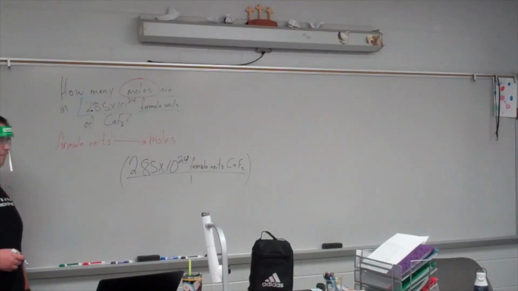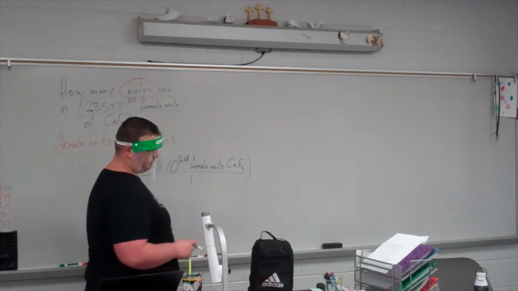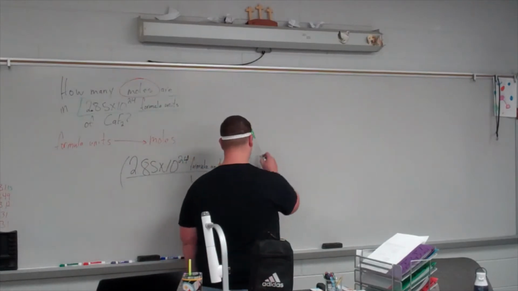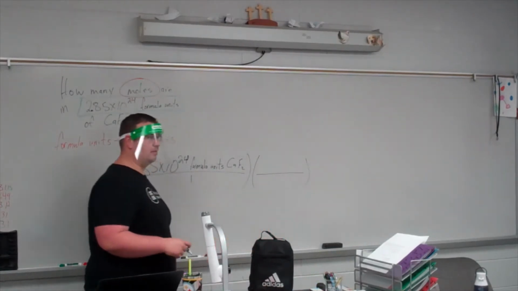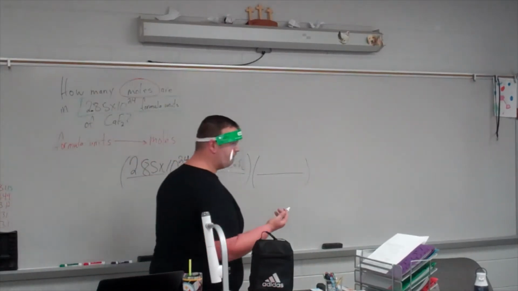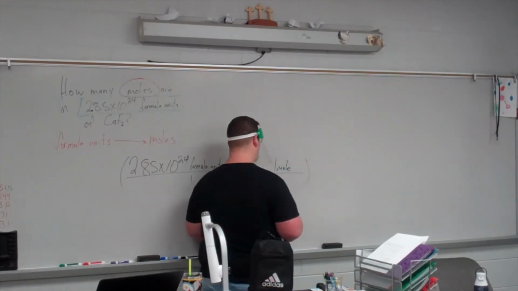Just like before, if we're going to do this, we must have a conversion factor. So, we set up our conversion factor. Where am I trying to get to? So what goes in the top? 1 mole. What goes in the bottom?